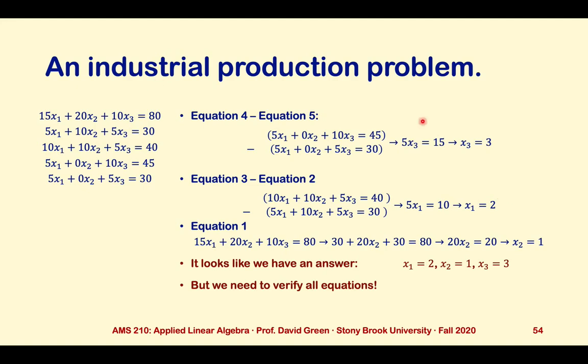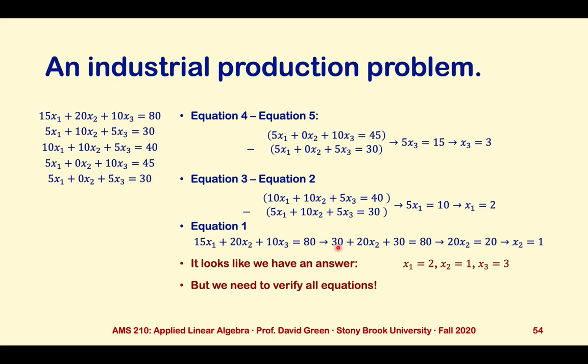Now we've used equations 4 and 5. We've used equations 3 and 2. How about we now use equation 1 and plug those answers for x1 and x3 in and find x2. So plugging into the first equation, 15x1 plus 20x2 plus 10x3, with x1 equals 2 and x3 equals 3, gives us 15 times 2 is 30, plus 20x2, we still don't know x2, plus 10 times 3 is 30, equals 80.